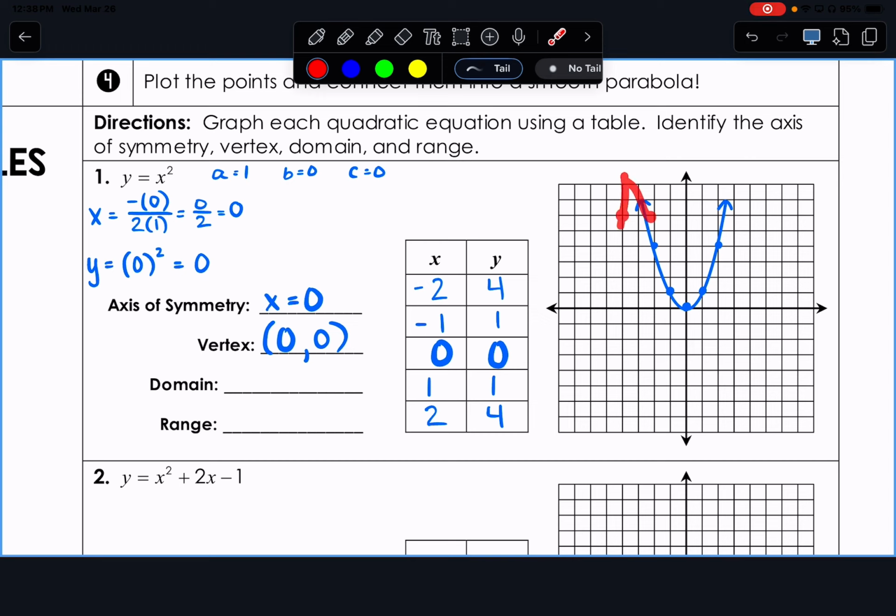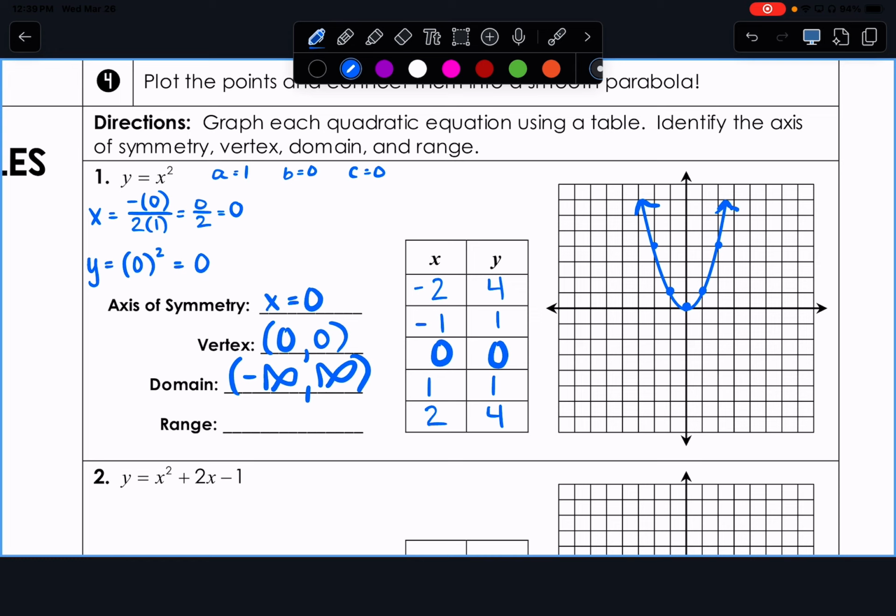Does it ever stop going left? Does it ever stop going right? So how do I write that? Yep. That right there will be our domain for every single quadratic unless it tells you otherwise. As long as it has those little arrows on there, that is going to be our domain.